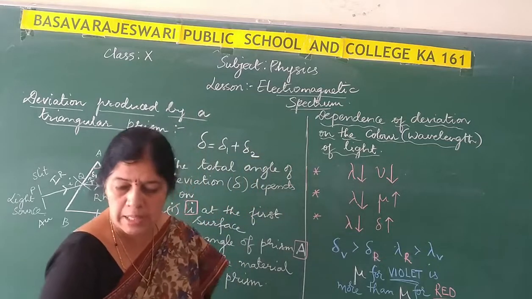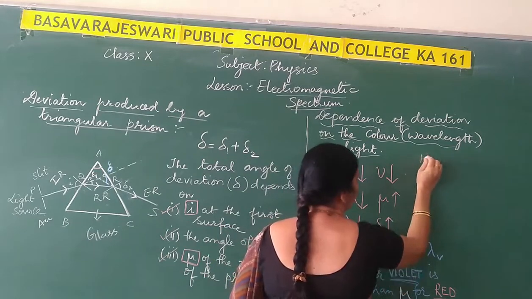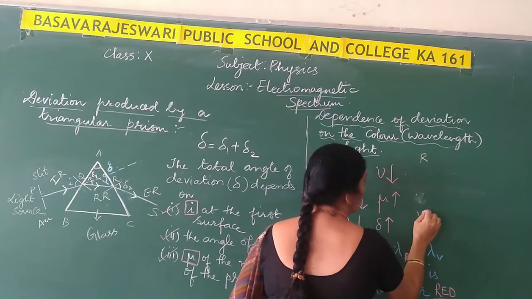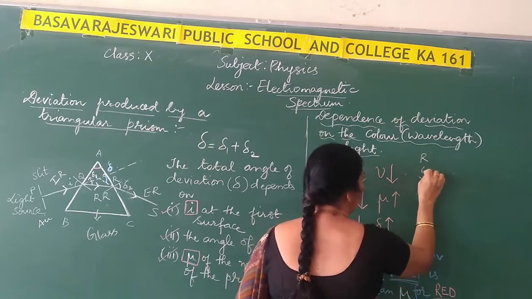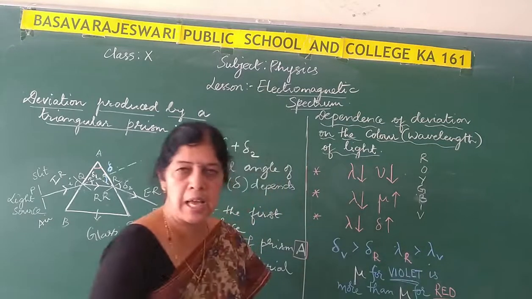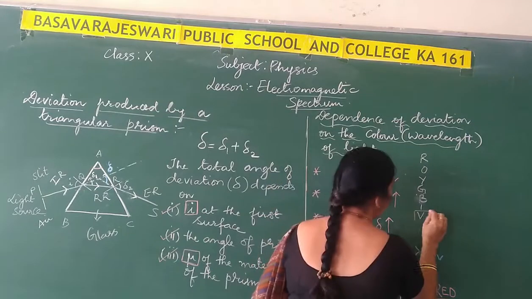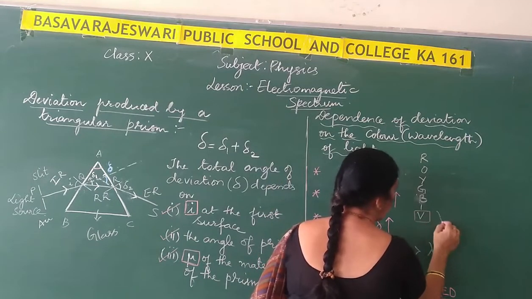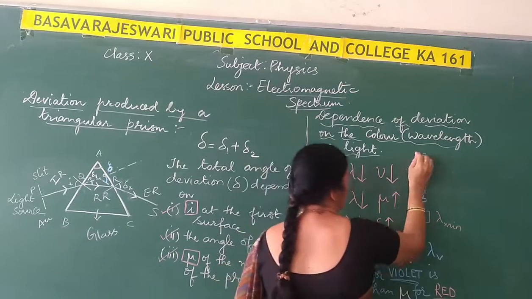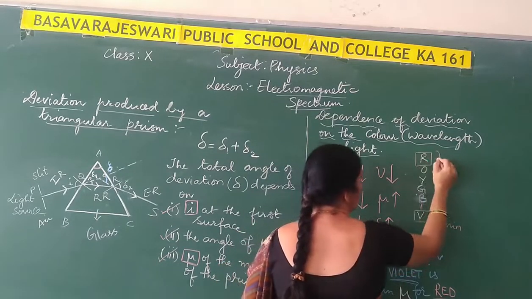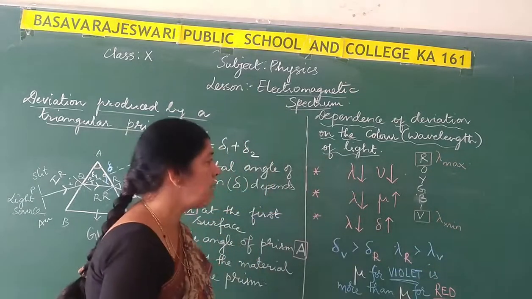Now if you take all the 7 colors from violet to red: violet, indigo, blue, green, yellow, orange and red. Then which is having the minimum wavelength? Violet is having the minimum wavelength, whereas the wavelength of red light is maximum.